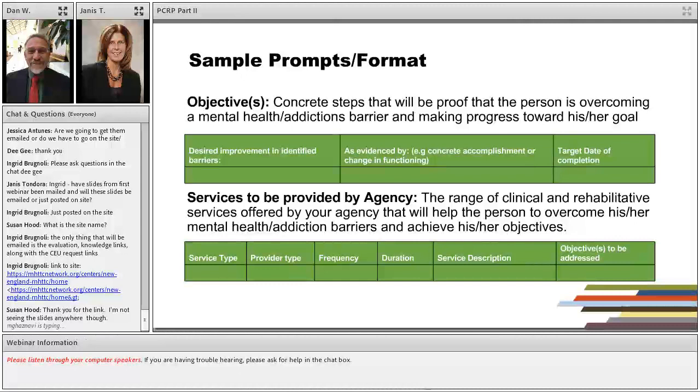But then next to it is that service description field. And here's where you get specific. So let's say somebody is going to be attending a DBT group.